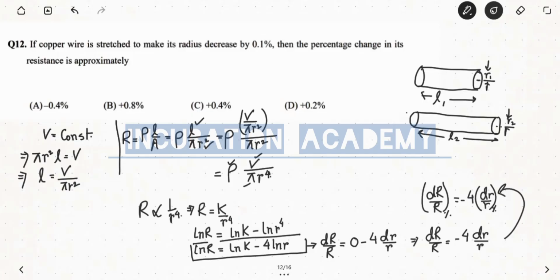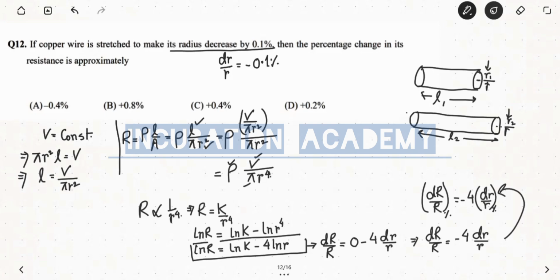So what is the value of dr by r? It is said the radius is decreased by 0.1%, so dr by r equals minus 0.1%.